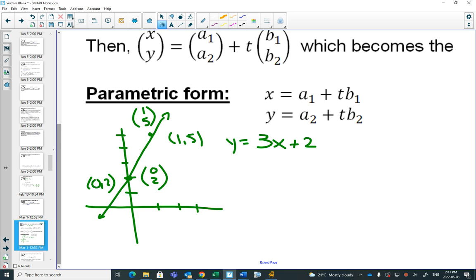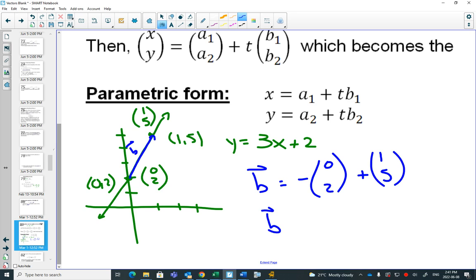If I wanted to find my direction vector b, which would be this, I would have to go negative a to go back to the origin, and then add vector 1, 5, which would give me my direction vector being 1, 3.